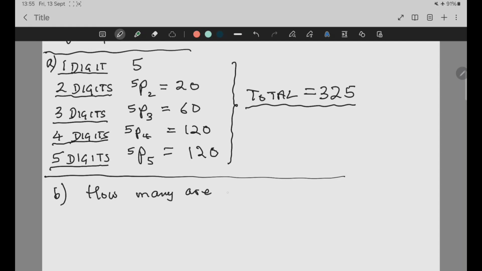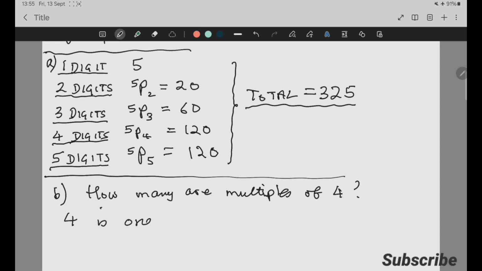Or multiples of 4? Well, there'll be the solitary digit 4 is one of them, okay, is 1. None of the other solitary digits would be divisible by 4.